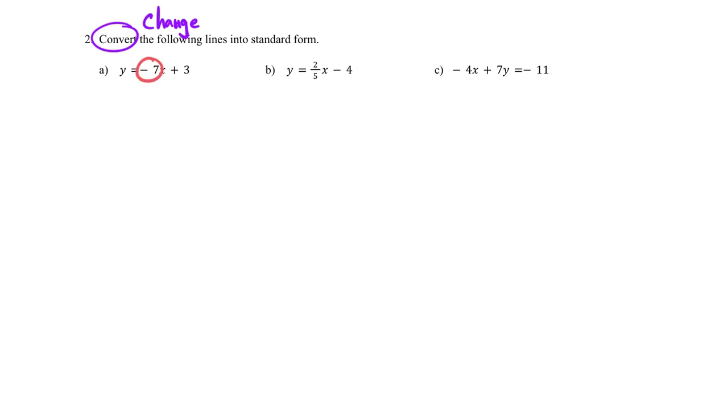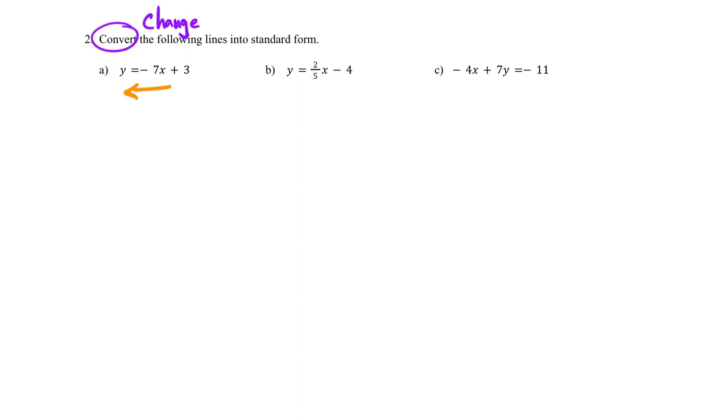You can see that the coefficient on your x term is -7. And we know that to be in standard form, the coefficient on our x has to be positive. So in my mind, what I'm going to do is I'm going to picture everything on the left side with my variables.